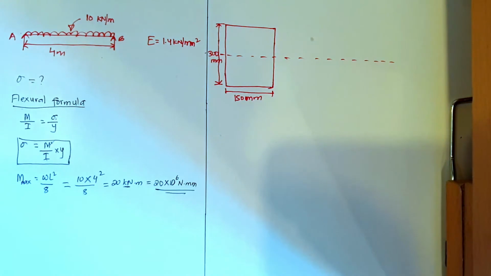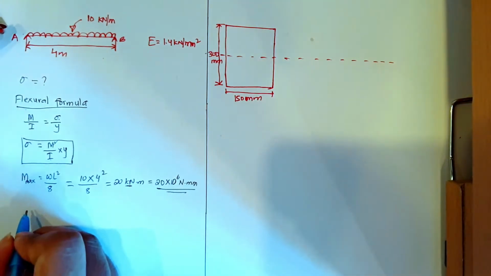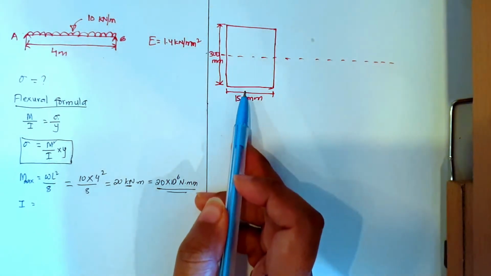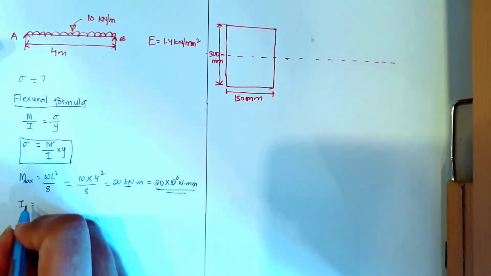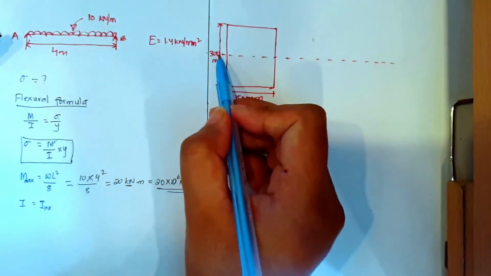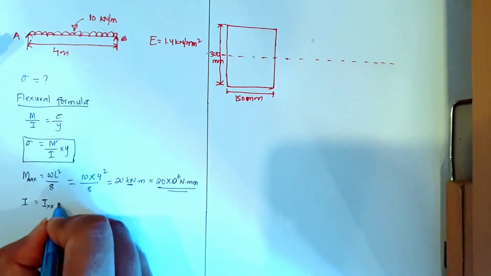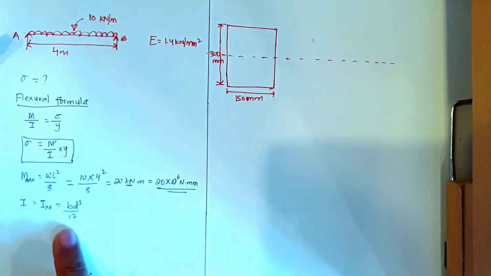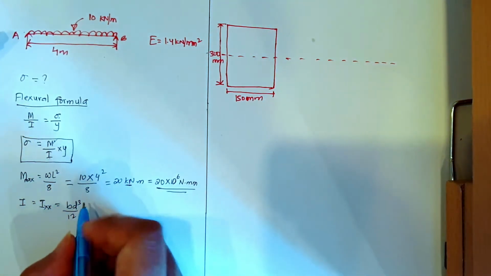Now let us find moment of inertia I. For this rectangular section, moment of inertia I along x direction, because we are finding it in x direction, will be equal to BD cubed by 12. This is from unit 1. You need to remember, okay?